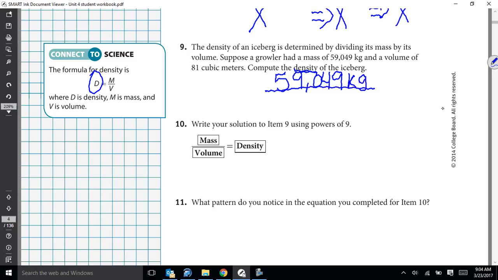And that is being divided by volume. Do we have the volume? Yeah, 81. So now can we find the density? 729, and then our units would be kilograms over cubic meters.